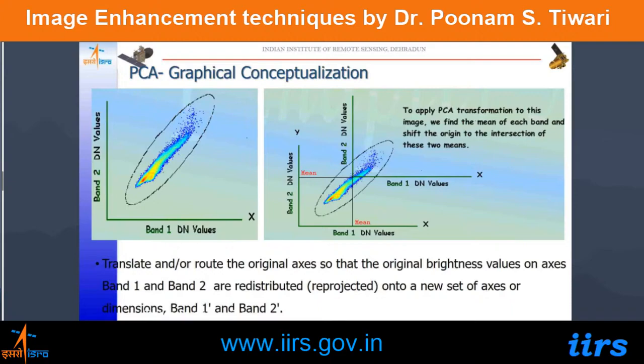The minor axis of the ellipse contains the information that is originally not picked up by the longer axis. Now the original brightness values are redistributed or recalculated using this particular axis system.